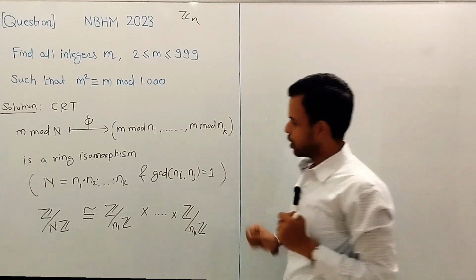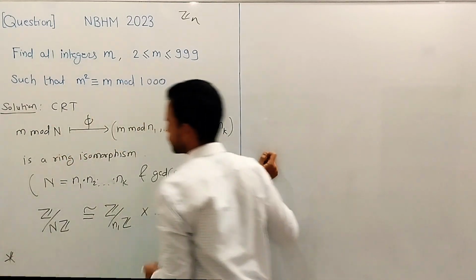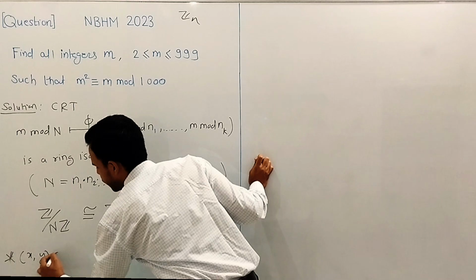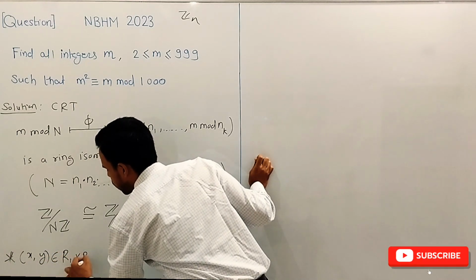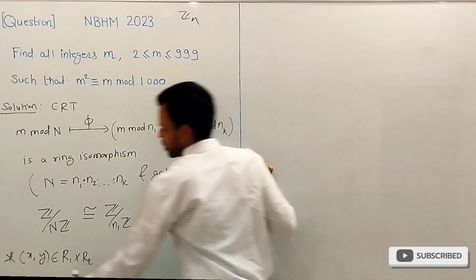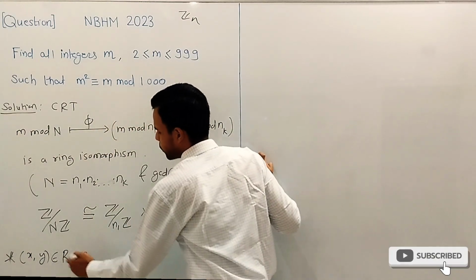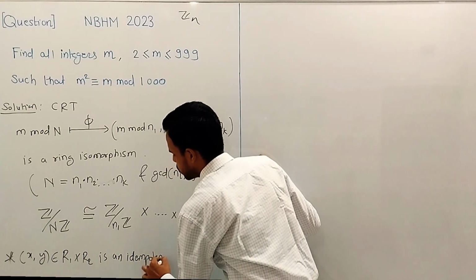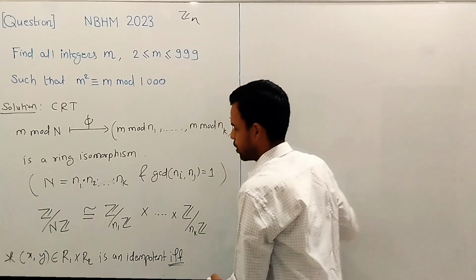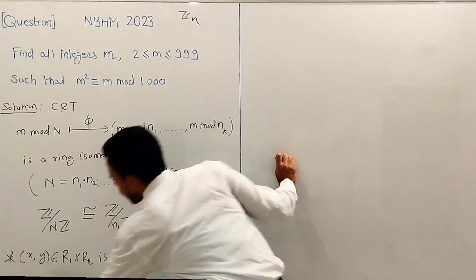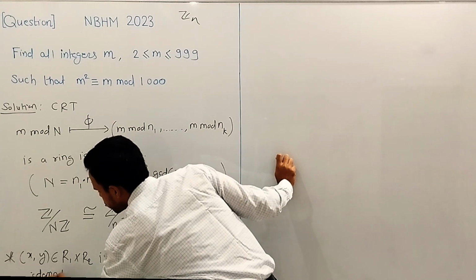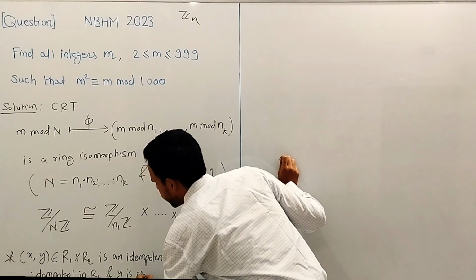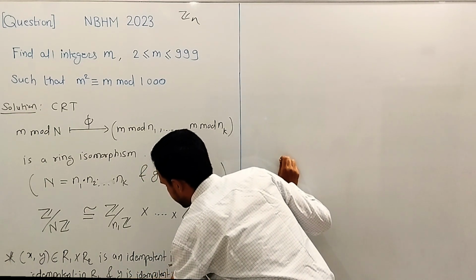We will use one more result. Let's write that first. An element (x, y), an ordered pair belonging to the direct product of the rings R1, R2, is an idempotent if and only if x is idempotent in R1 and y is idempotent in R2.